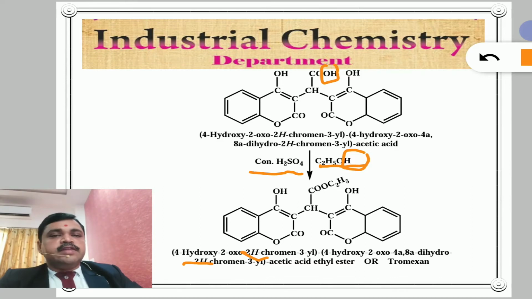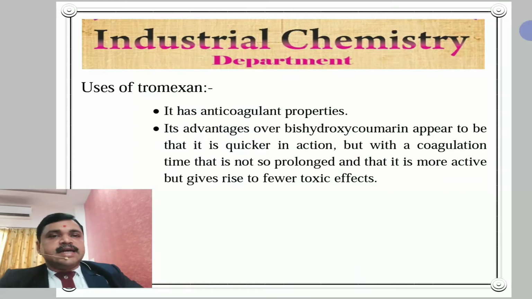This is the synthetic route for tromexan, a derivative of coumarin.